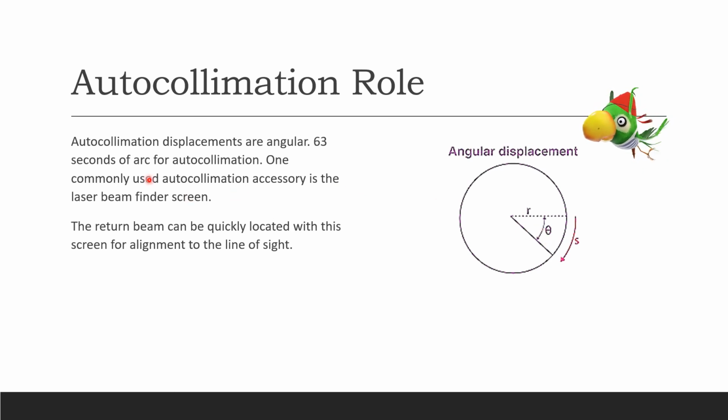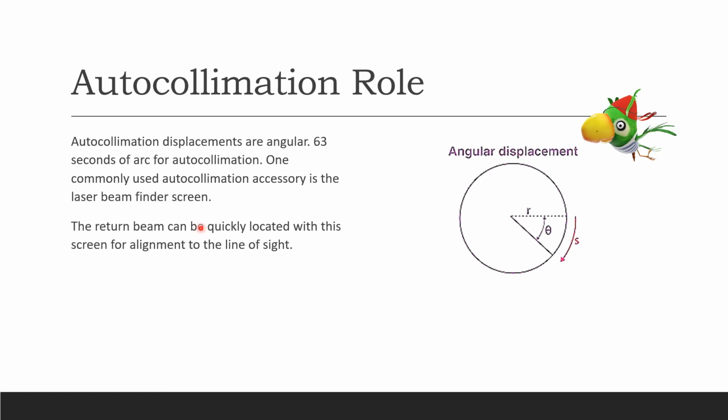A commonly used auto-collimation accessory is a laser beam finder screen. It's just an accessory, a finder screen to be able to see, and the return beam can be quickly located with the screen for alignment to the line of sight. So here the auto-collimation row is just an attachment.